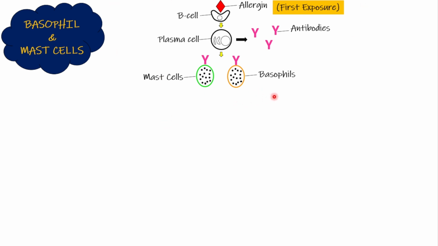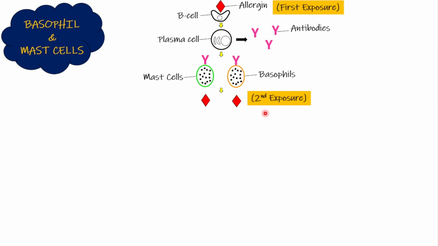Now, there is a second exposure of the same allergen. This was the first exposure. Now, if the body faces a second exposure to the same allergen, this allergen will be attached to this combination of antibody and mast cell, and to this combination of antibody and basophil.